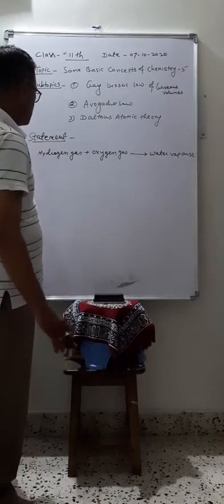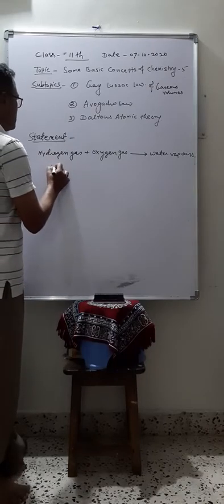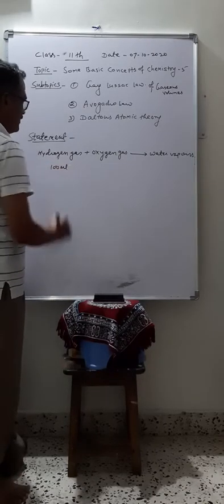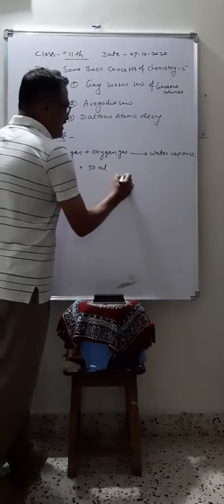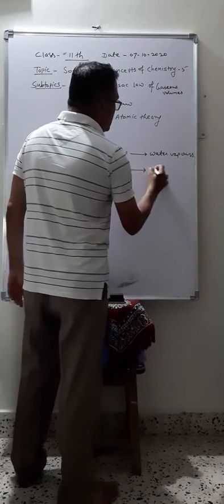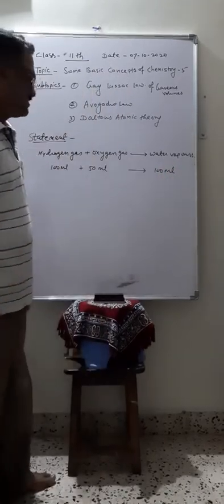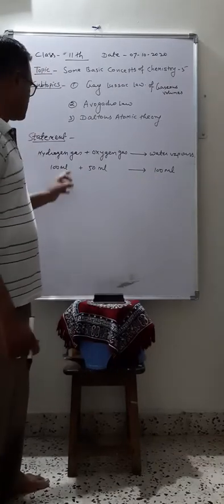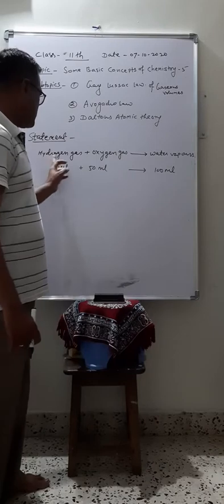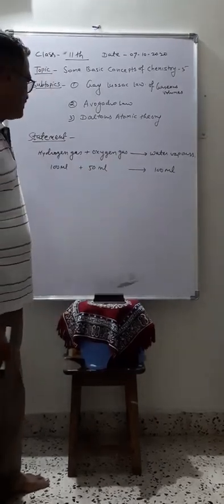Here we consider that in a chemical reaction, 100 ml of hydrogen gas combines with 50 ml of oxygen gas to produce 100 ml of water vapor. So this represents the volumes of hydrogen gas, oxygen gas and water vapors formed in the reaction.